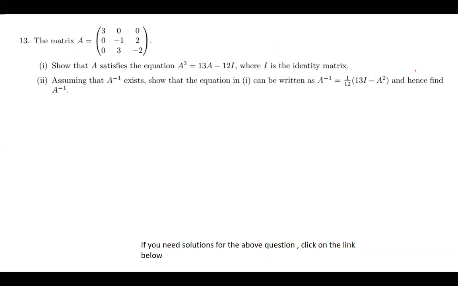All right, same applies to this. They are also testing you on the same thing. The identity matrix for a 3 by 3 matrix is just this here. You put the ones in the diagonal, this is how it looks. So when you multiply this by 12, it's the same as putting 12 where there are ones.